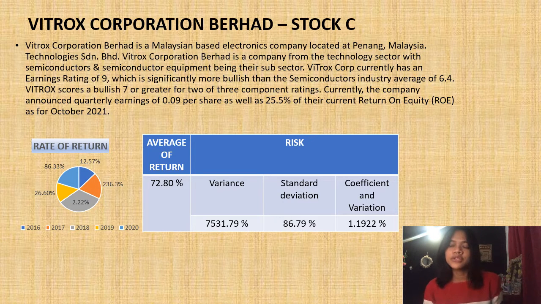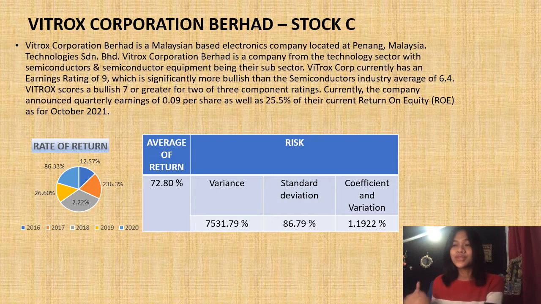The standard deviation is about 86.79%, and the coefficient of variation is about 1.1922%. As you can see next to the table, there is a pie chart which shows the rate of return in the years 2016 to 2020.